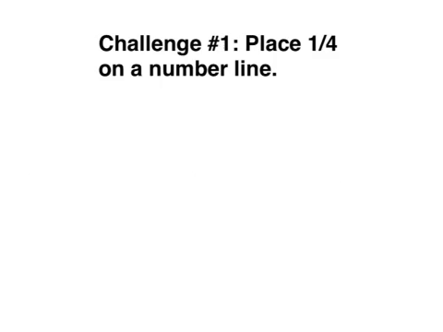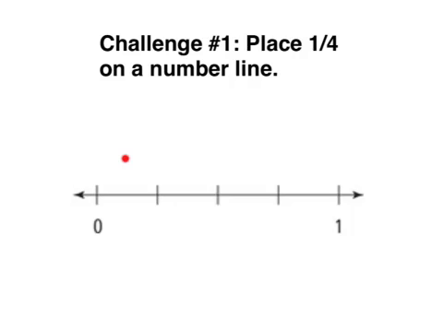Okay, challenge number 1. Place 1/4 on a number line. Well, you can draw a number line however you want. So what's the easiest way to represent fourths on a number line? It is to carve your number line up so that it takes you 4 steps to get from 0 to 1. 1, 2, 3, 4. Now, how many out of those 4 steps do we want to go?